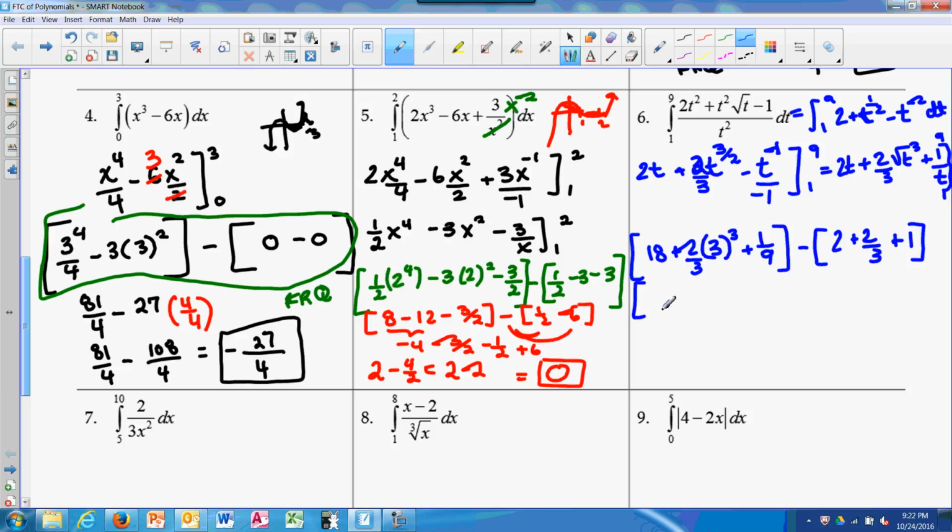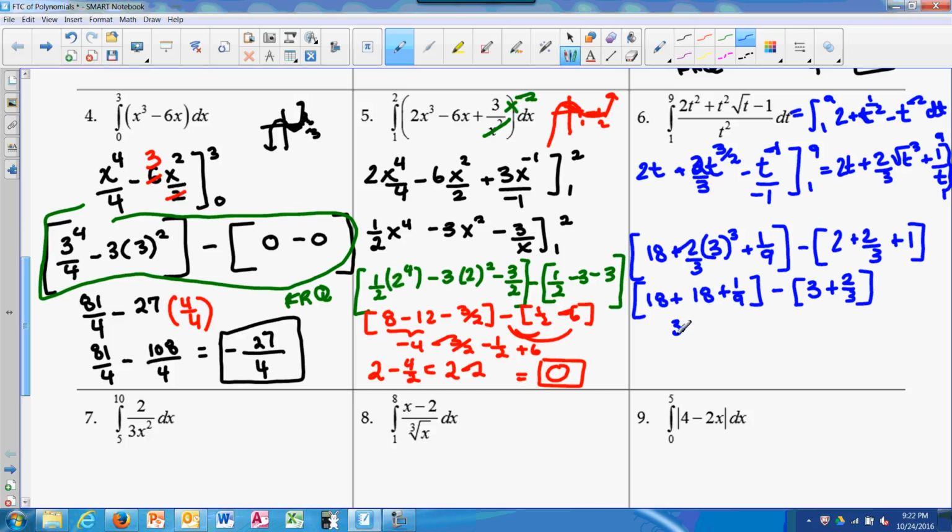So for the top part, simplified, 3 cubed divided by 3 is really 3 squared, which is 9 times 2. So I have 18 plus another 18 plus 1 over 9 minus 3 plus 2/3. Remember, this answer here, the very first one, would have been my free response answer.